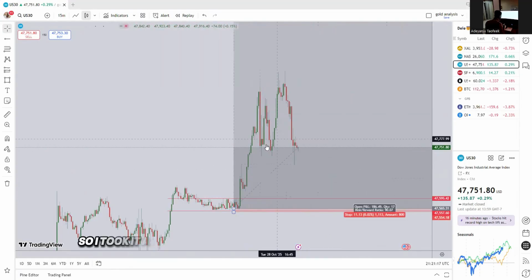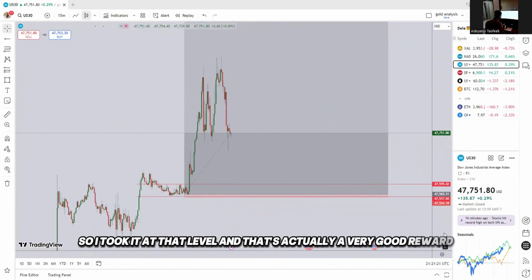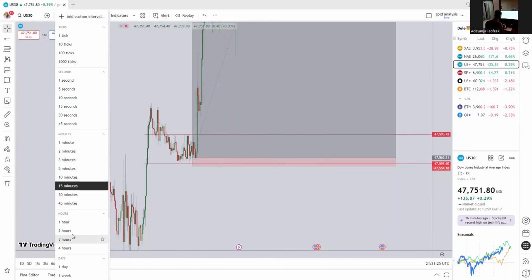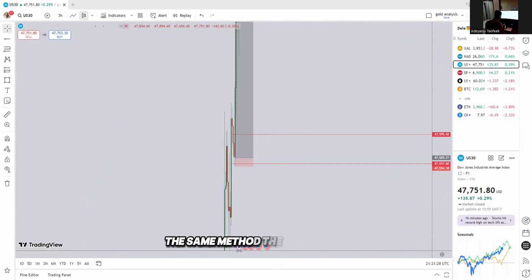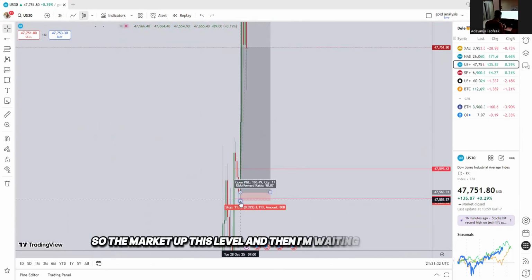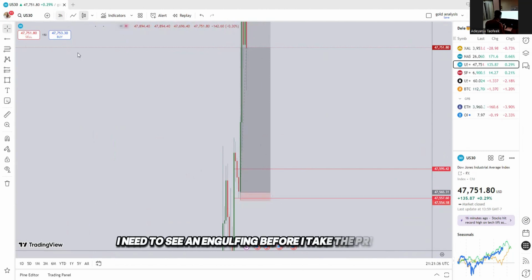So I took it at that level, and that's actually a very good risk reward. You can see on the 3 hours as well, same method, the same scenario. The market was at this level, and then I waited for engulfing. I need to see an engulfing before I take the buys.